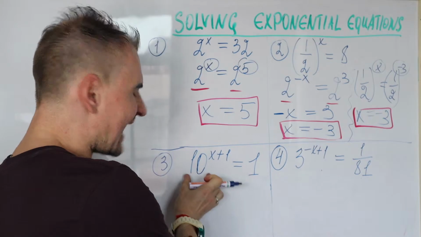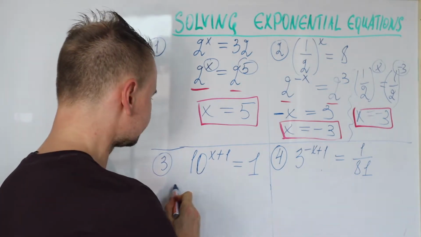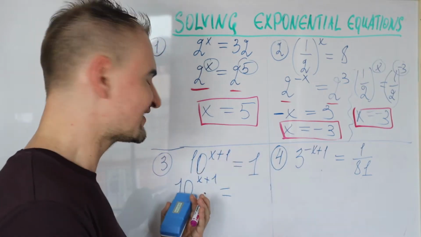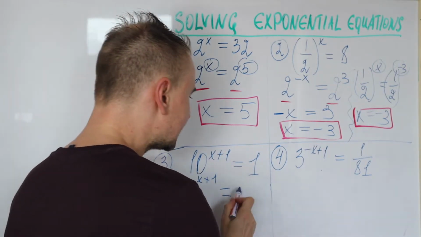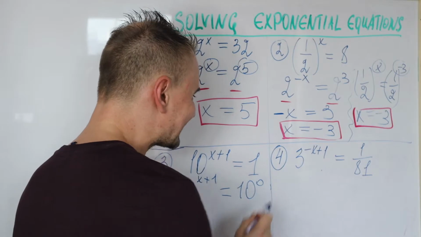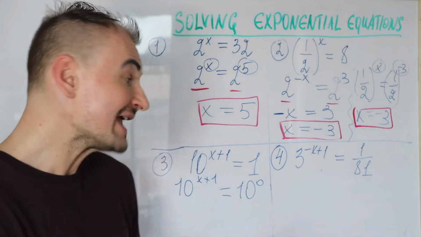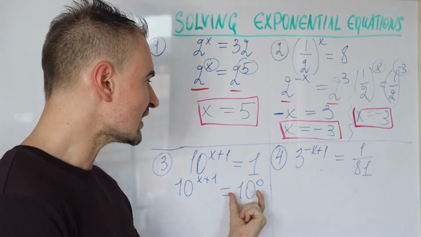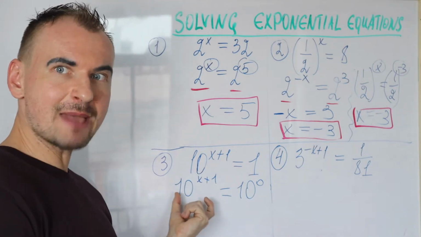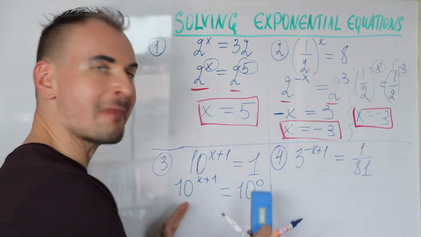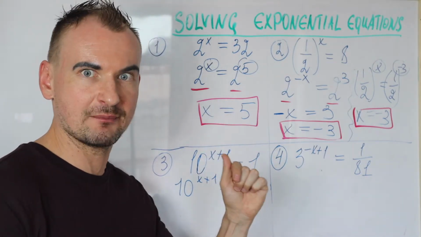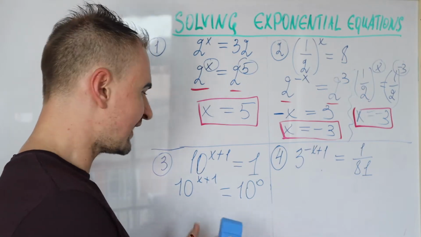In this case, I have base 10, so rewrite the left side as is, and instead of 1, I'm going to write 10 to the 0 power. Why did I pick 10? Because my base is 10, so I want to express all terms to the same base. Now you have the same base.